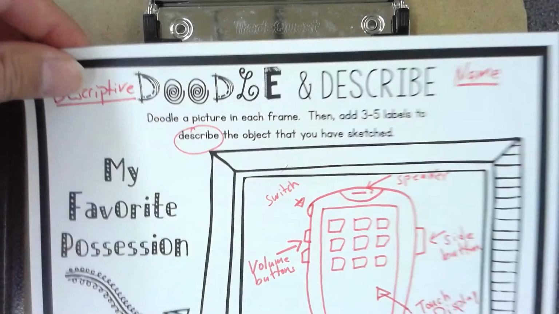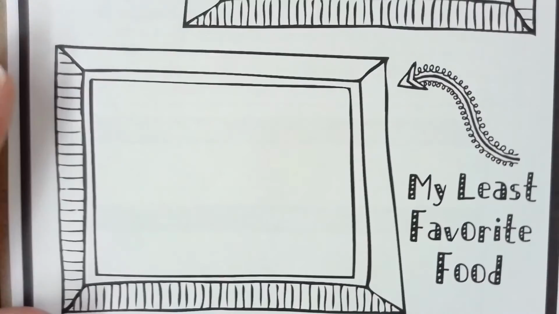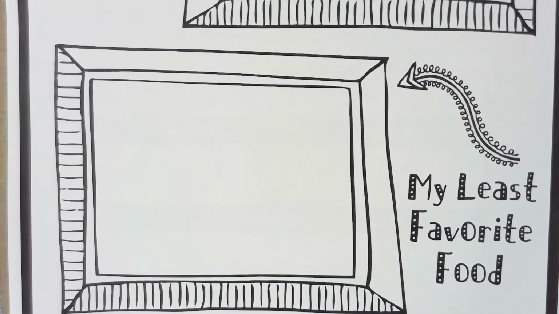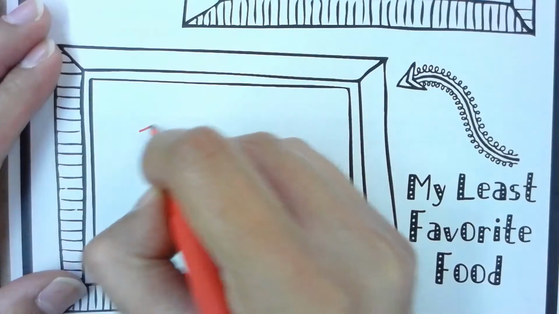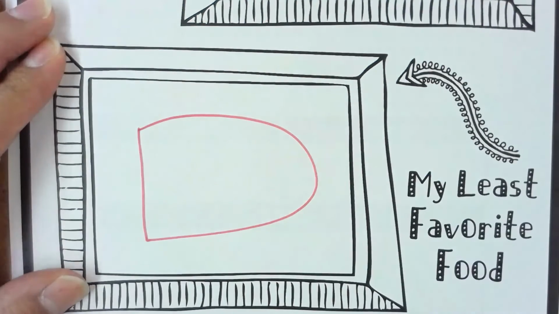Now, when you're done, you're going to illustrate your least favorite food, and you're also going to label its parts. So my least favorite food, I do not like sardines.